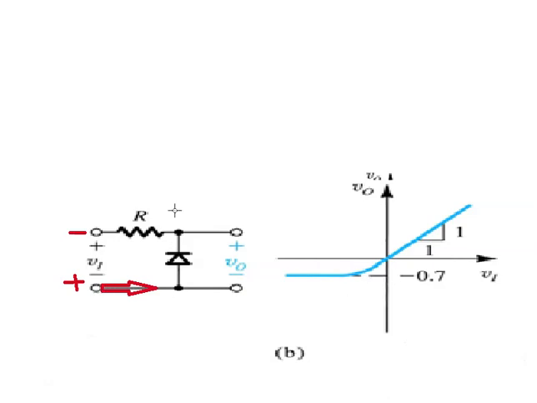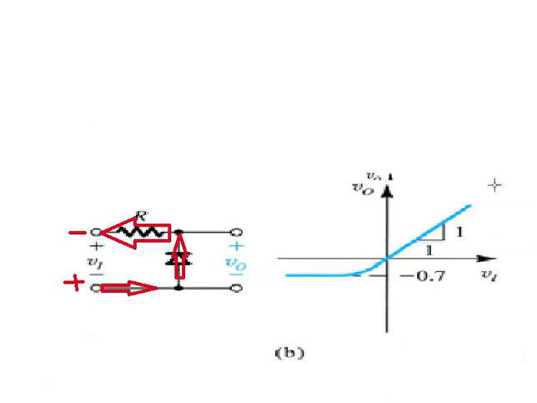Here, the diode will turn on. So the direction will be like this. Then it gets here, so of course it goes this way. It's like a short circuit for it, and then exits this way. So nothing will go here. So Vout only reads the two terminals of the diode, which is minus 0.7 in this case. So you see, this is a voltage limiter that limited our output this way.